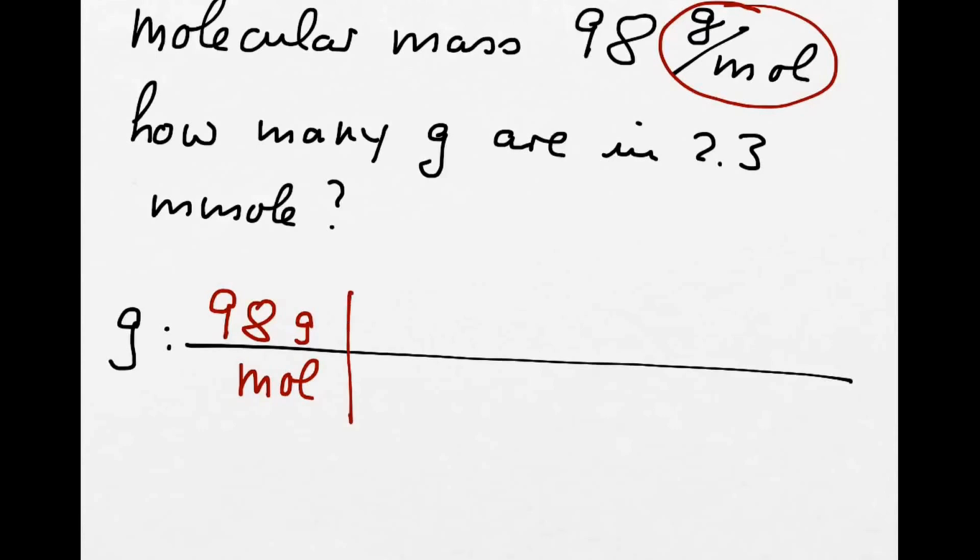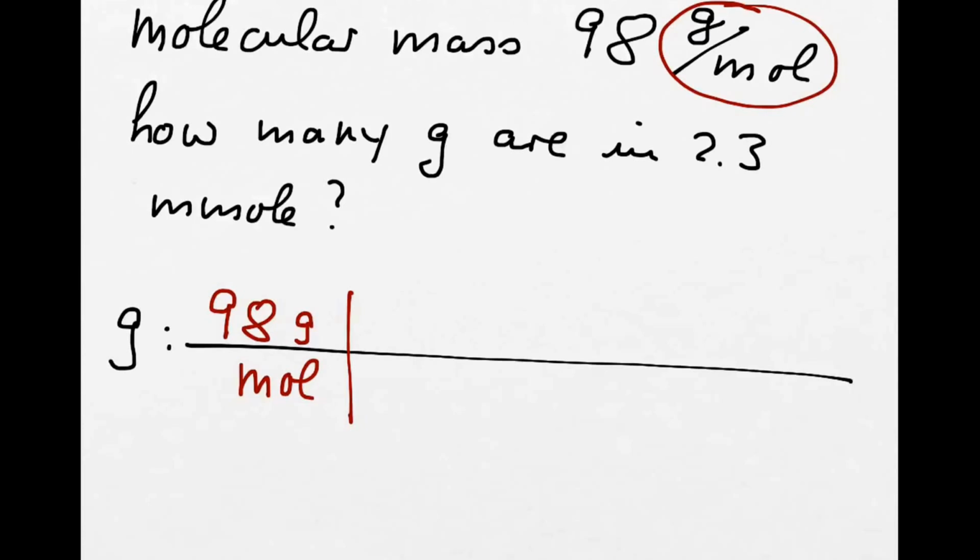Now, we want the grams, but we don't want the mole, so we have to find something with a unit of mole, that we can place up here, so that the moles cancel out. Do we have anything with a mole? Yes, we have 2.3, but it's millimolar. Right? Ouch. Careful.